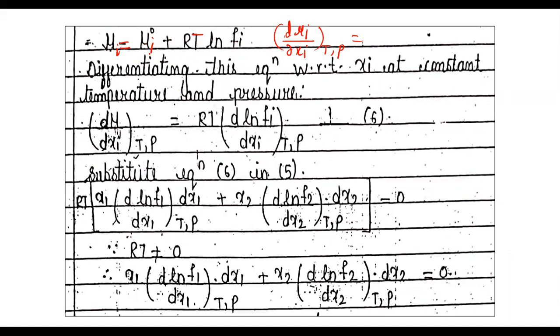Differentiation of mu 0, because it is a standard chemical potential and a constant term, gives no contribution.